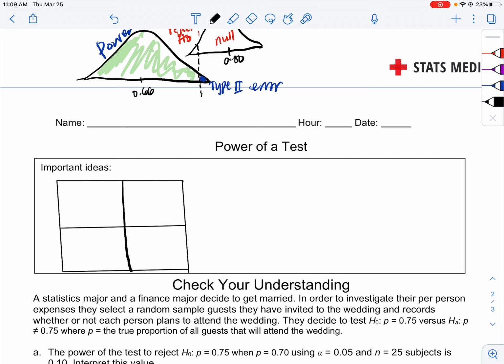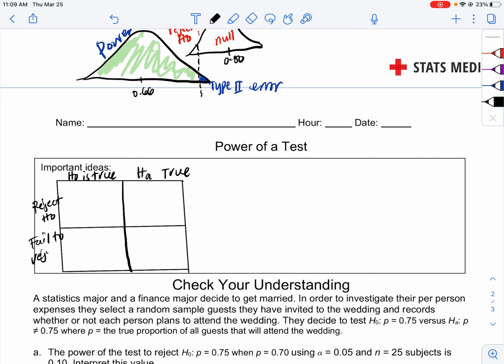And divided that there. So we have H0 is true. Remember this? HA is true. Reject H0.